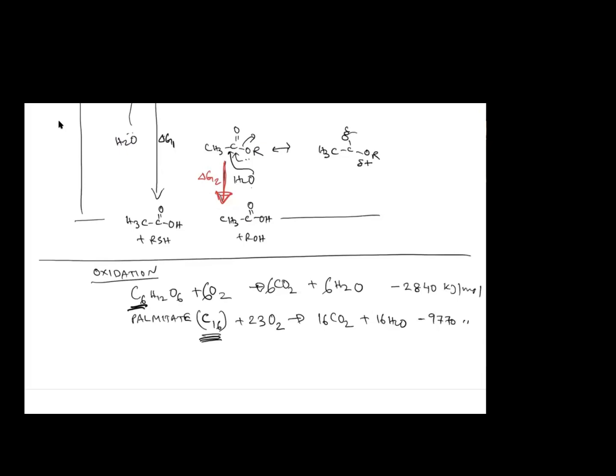A lot more electrons are going to be given up by palmitate than glucose, so we will generate a lot more NADH, FADH2 and NADPH than in glucose oxidation.